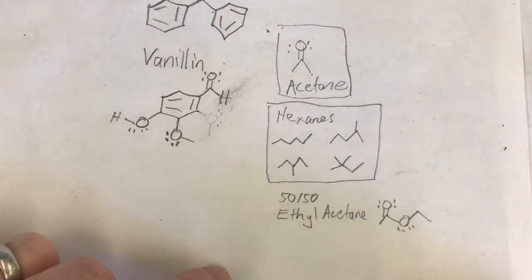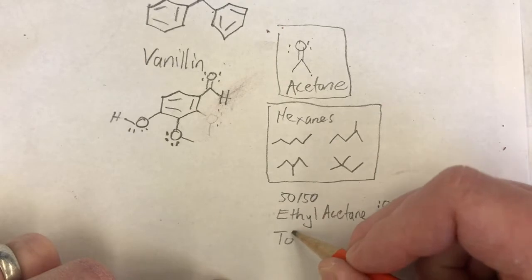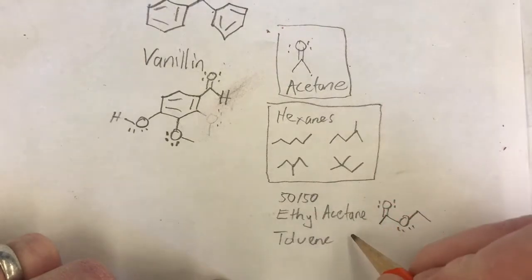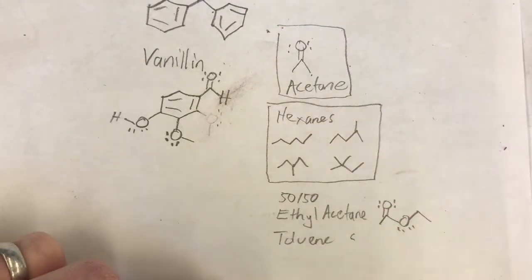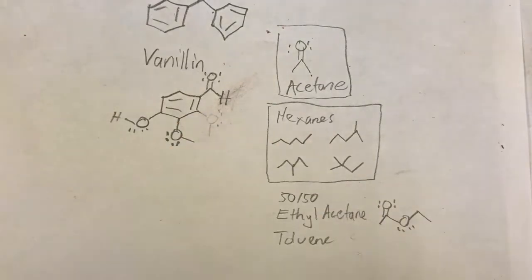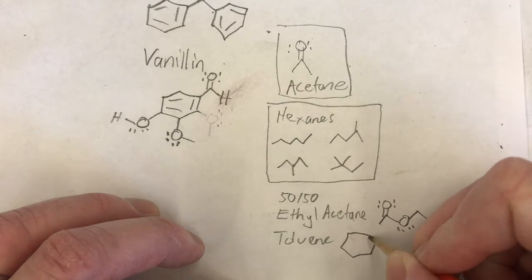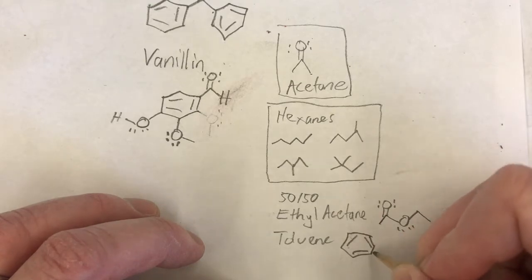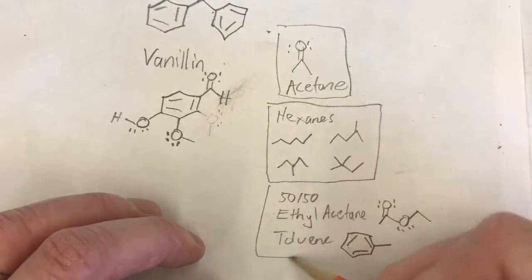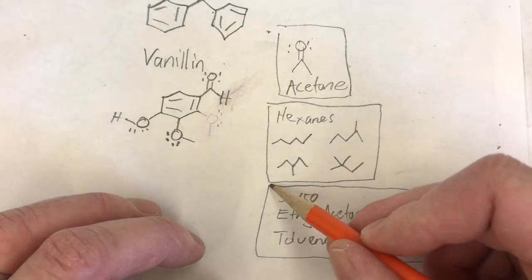So it's the ethyl ester of acetic acid, ethyl acetate, and toluene. So we have that mixture. Oftentimes we use mixtures of solvents to get the polarity we want for our eluent. And toluene, remember, is just a benzene ring with one methyl. So that's a single solvent mixture.